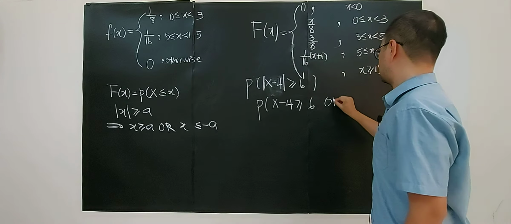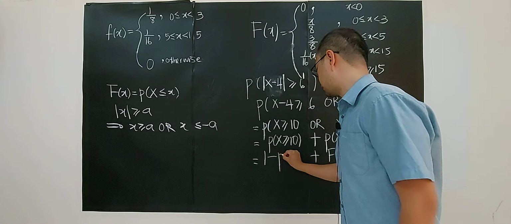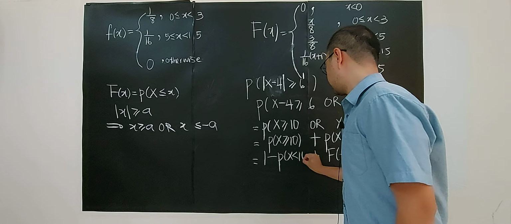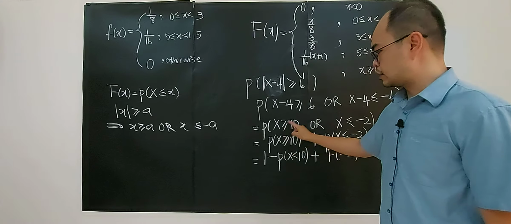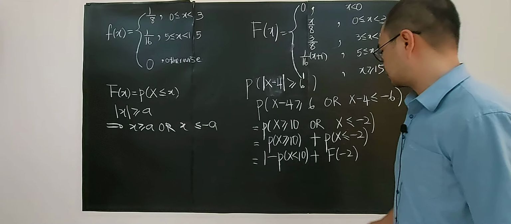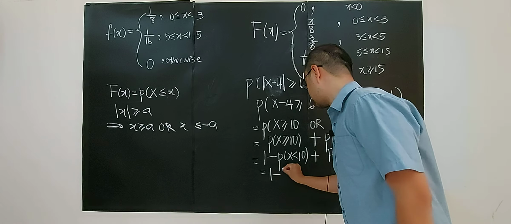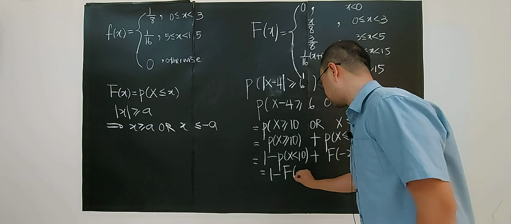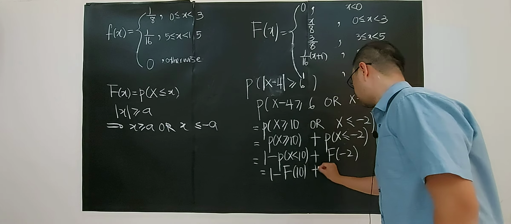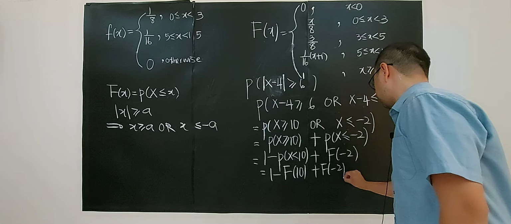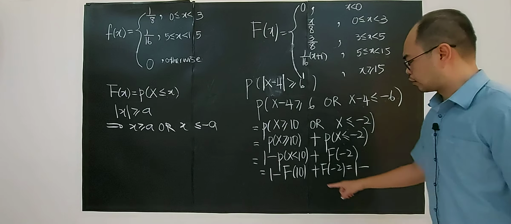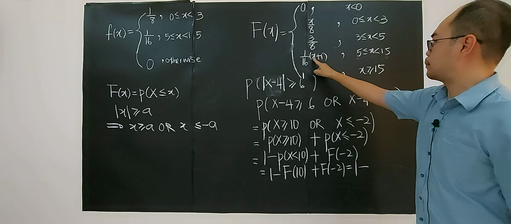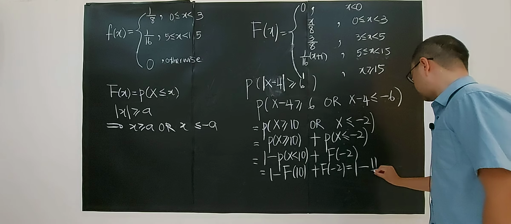Just now I taught you: if it is greater than, you change it to less than. Whether you put equal or not equal in the continuous case doesn't matter. So this is 1 minus F(10) plus F(negative 2). Then you look at the value 10, which falls between these two values, so 10 plus 1 gives 11 over 16.